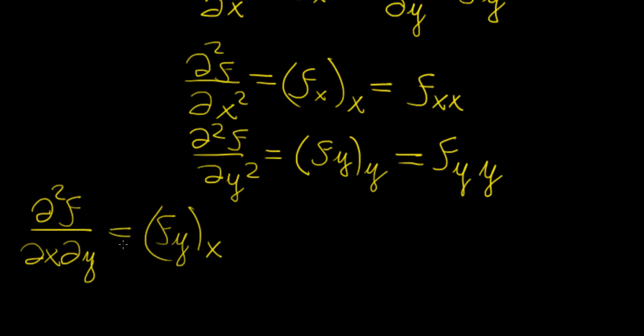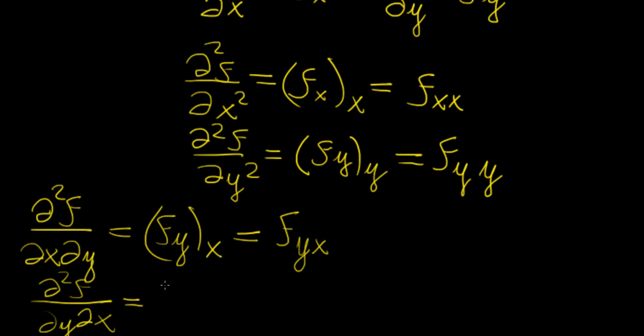So the subscript x needs to go on the outside. So the order in which this appears here is going to be reversed here in the subscripts. So this is going to be f of yx. And similarly for the partial derivative, y times x, this is going to be the same as f of x now differentiated with y. So that's going to be fxy.